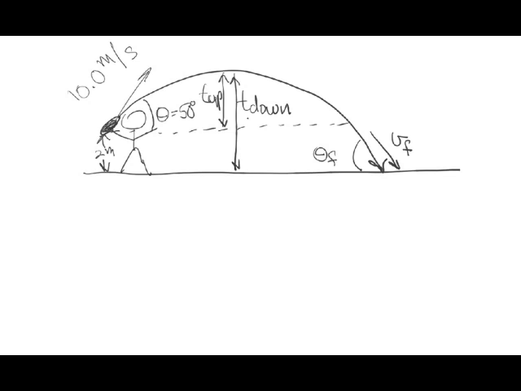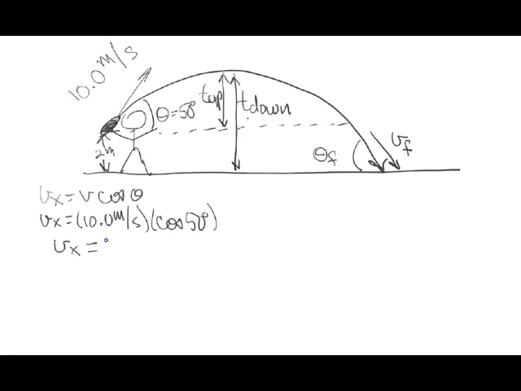All right, first thing we're going to do is what we've done before, v sub x, resolve the vector, v cosine theta, v sub x equals 10.0 meters per second times the cosine of 50 degrees. And hopefully you've done this enough so you don't need to see me work this out. Velocity in the x direction is 6.4 meters per second.